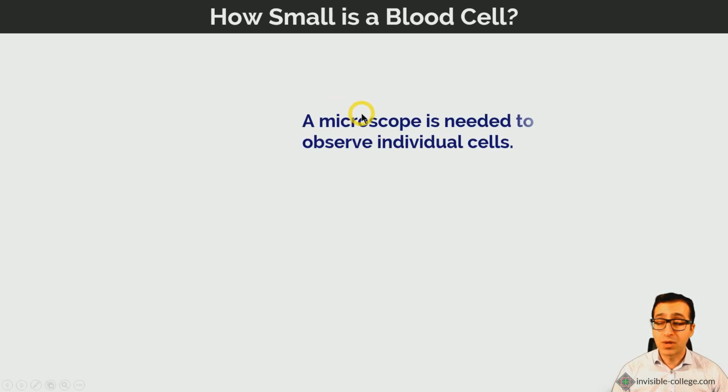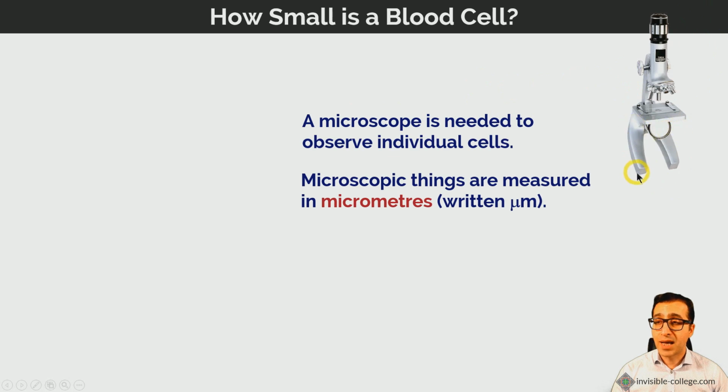Well, they can be viewed under an optical microscope, and typically cells and subcellular structures are measured in units of millionths of a meter, or micrometers. Now the prefix micro can be applied to any unit of measure. So a micrometer is a millionth of a meter, a microgram is a millionth of a gram, and so on.